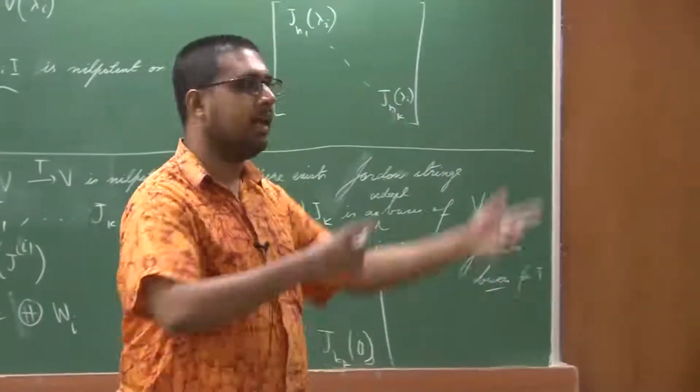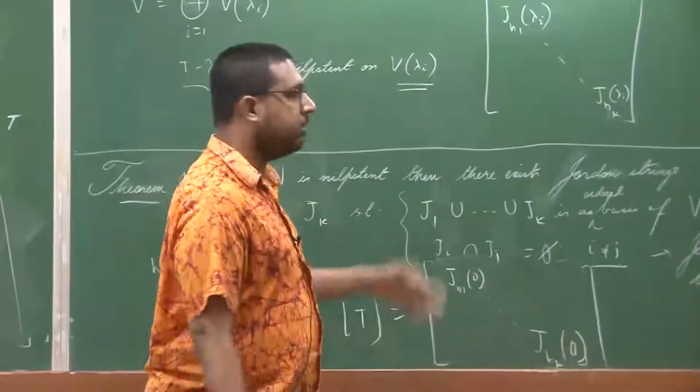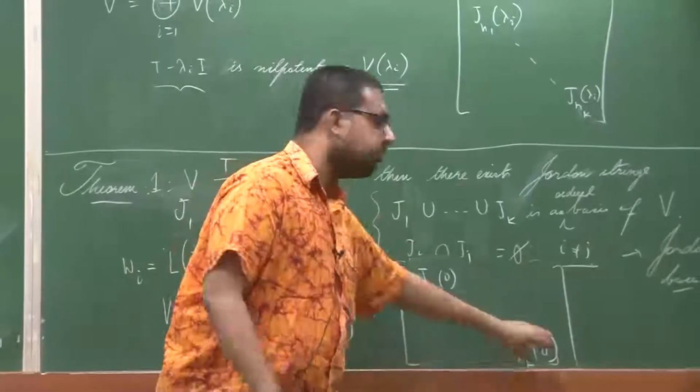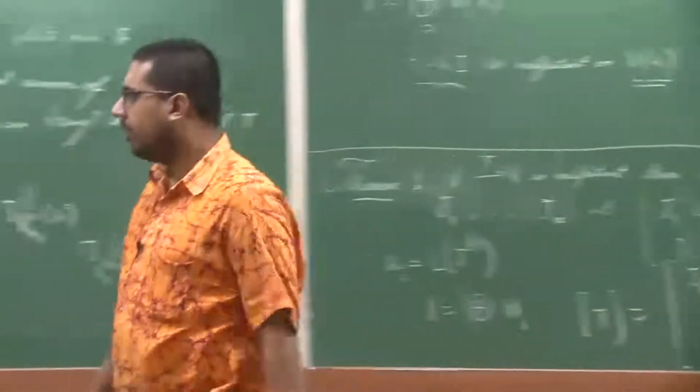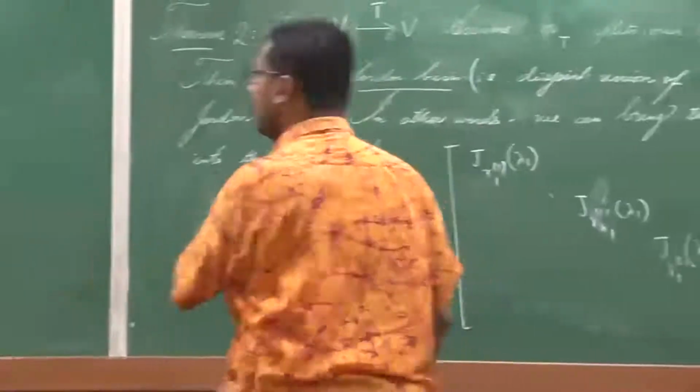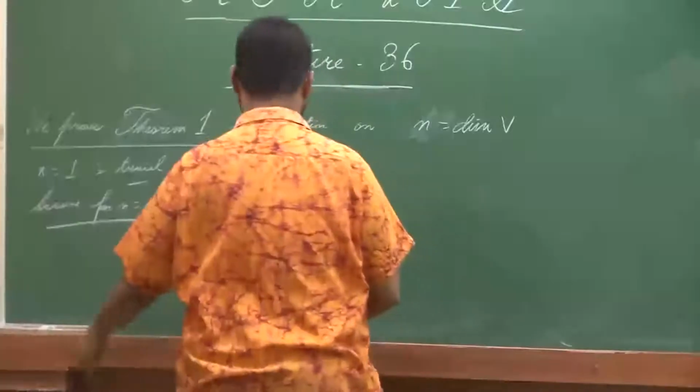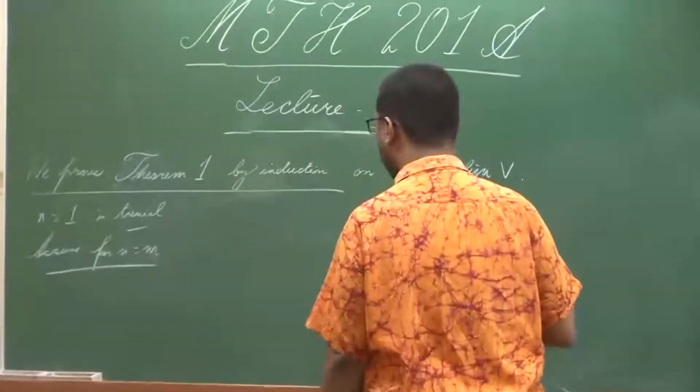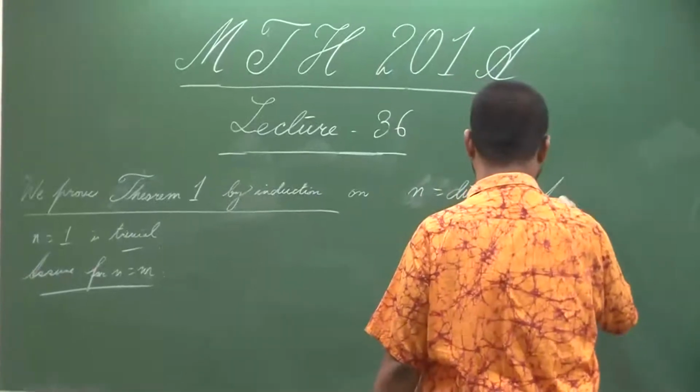So, for the null map any basis becomes a Jordan basis and the corresponding Jordan blocks have size 1. So, to begin with we assume T is non-null.